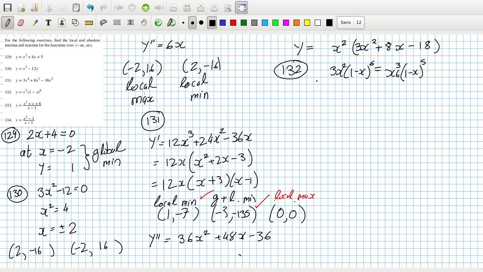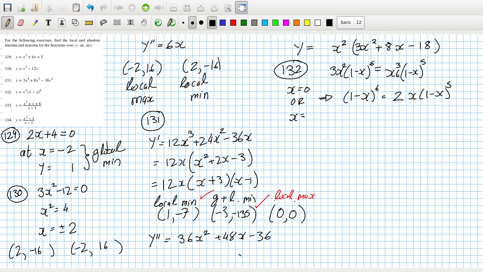So one possibility is x equals 0. Or, if we remove that possibility, 1 minus x power 6 equals 2 times 1 minus x power 5.